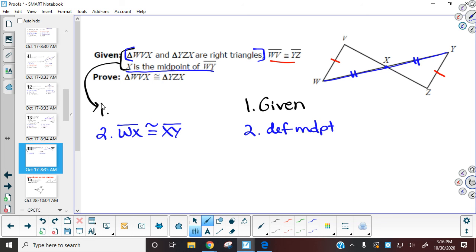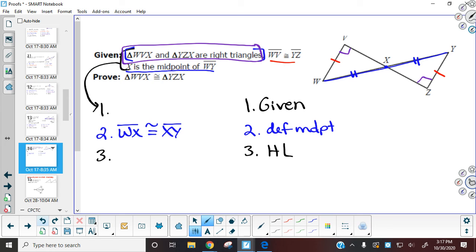Now, here's the thing. You technically have angles going on in the middle. However, if you mark those angles, you have a situation where it is side-side-angle, and that's one of the ones we cannot use, and we cannot use angle-side-side. However, if we come back to this information that we were given to begin with, if these are right triangles here and here, now we can look at our picture and we can see that we have the hypotenuse and we have the leg.